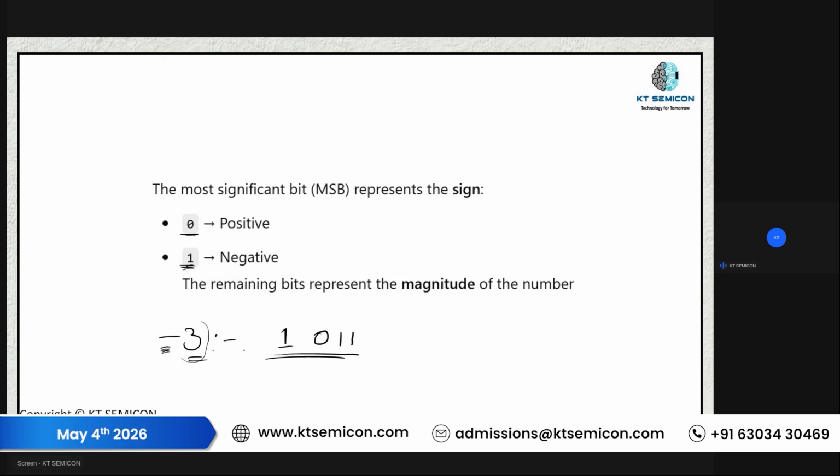So this is how we represent a negative number, minus 3, in sign magnitude form. Now let's say I want to represent minus 5. How am I going to represent it? For the minus symbol, I use 1, followed by the magnitude, which is 101.